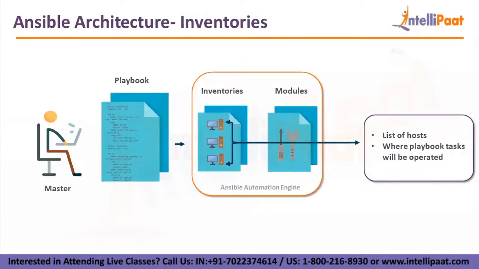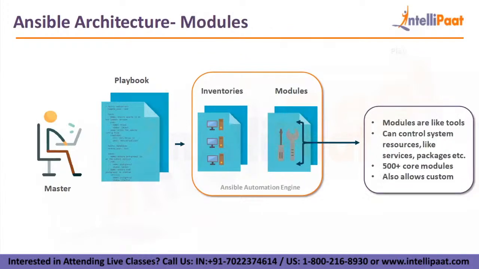Now, what does inventory have? As I told you, it contains the list of hosts where exactly you want to run the playbook. Modules are like a tool that can control system resources like service, package, and we have more than 500 modules. You won't be able to use that many modules at all. From the interview point of view, they will ask you what modules you have used.